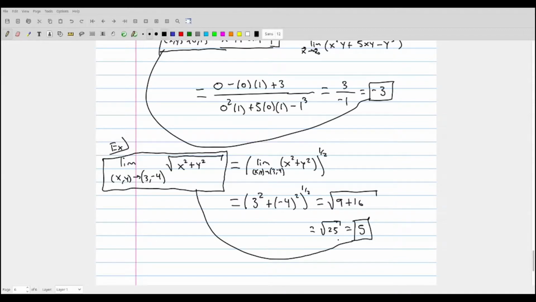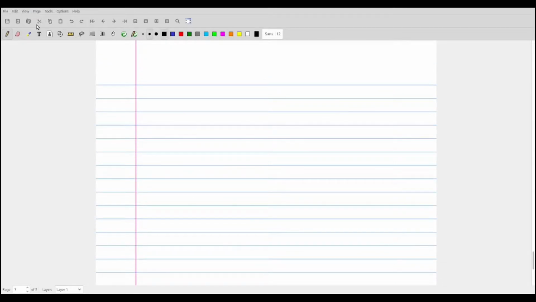Now, there are certainly other, more complicated scenarios that could definitely arise. For instance, you may have to do some form of algebraic simplification, or trigonometric simplification, before you can directly apply the limit laws. I'll give you a very good example of this in the next example.